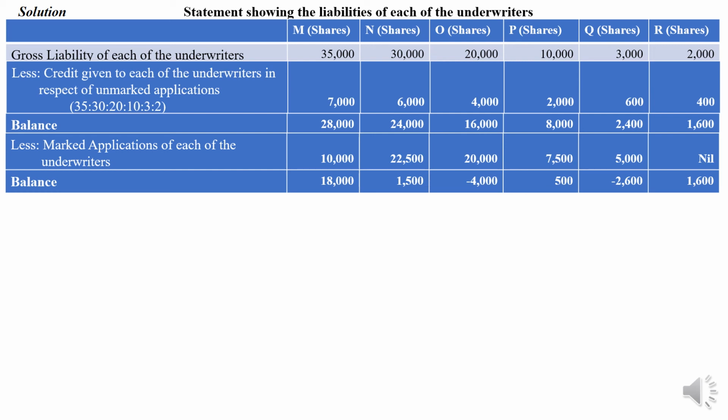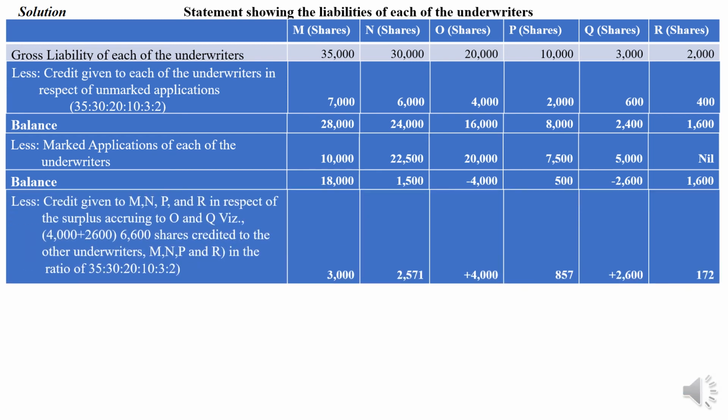Now the surplus of these two, O and Q, is to be redistributed between M, N, P and R in their respective ratio, 35 is to 30 is to 10 is to 2. Now let us do that.